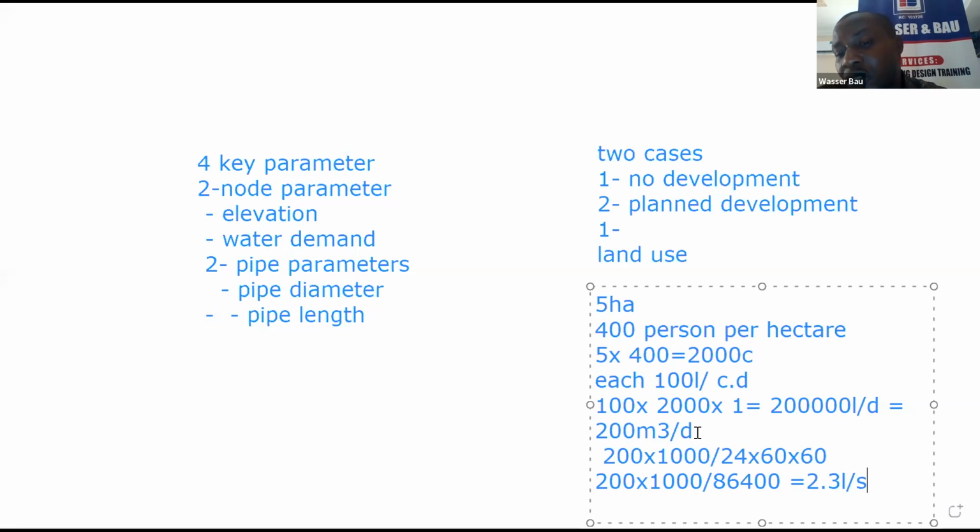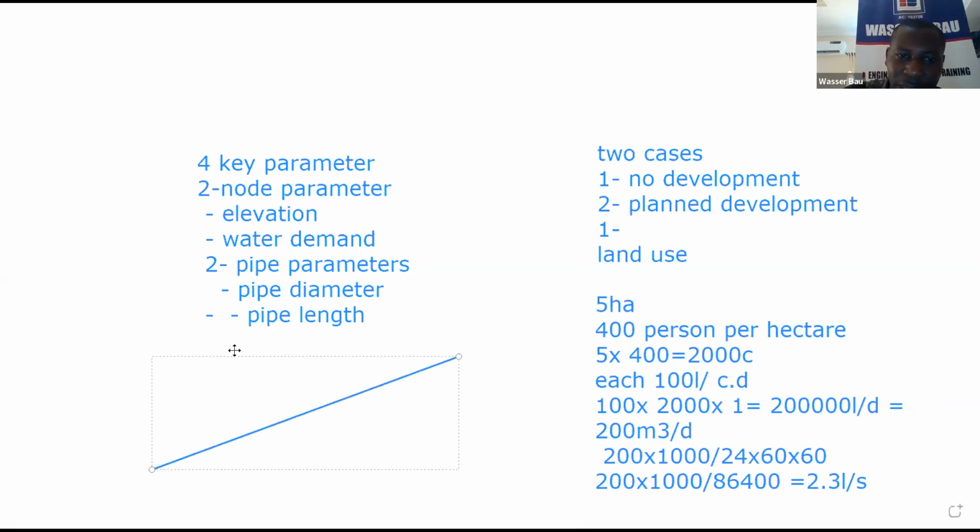So slope is vertical over the Pythagoras. You know what slope is? If I walk from here to here as a person, and this is me.